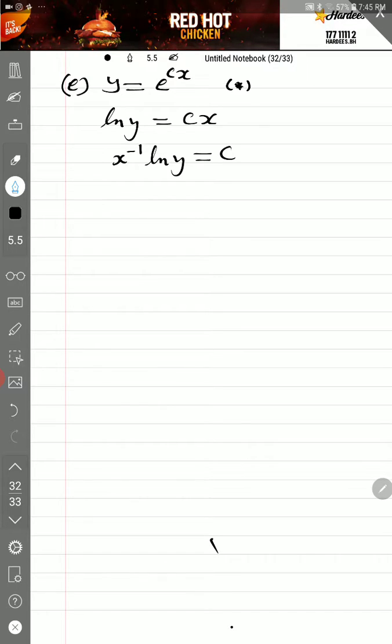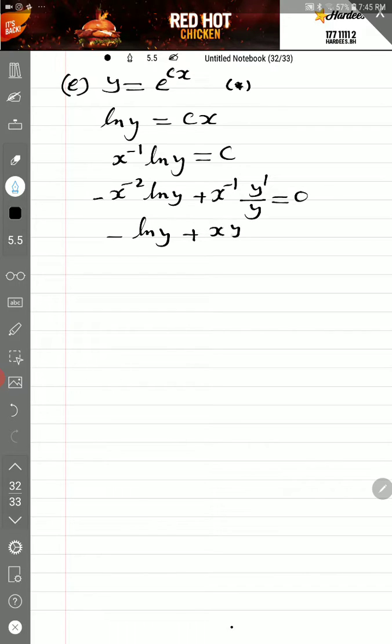Now differentiate, find the derivative. Multiply by x squared. Then x y prime over y equals ln y.